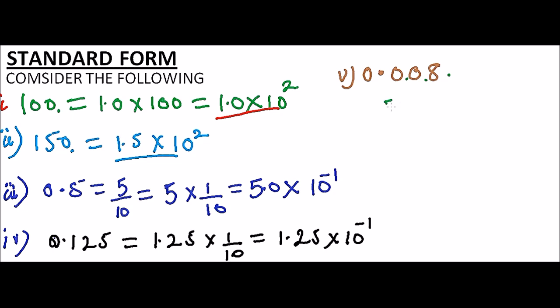So it is equal to 8.0 multiplied by, we have moved the decimal place 3 places, so it is over 1,000. So this will give us 8.0 multiplied by 1 over 1,000, which is the same as 10 to power minus 3. So that is how we write numbers in standard form.